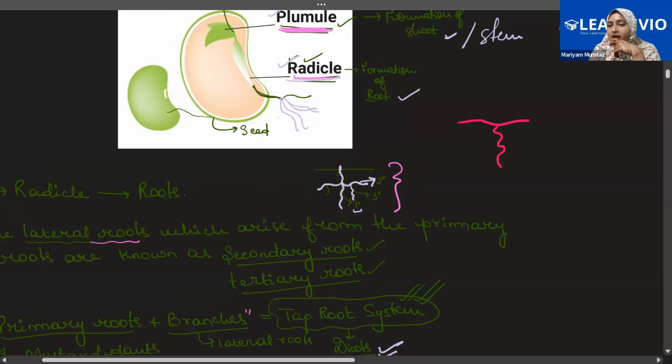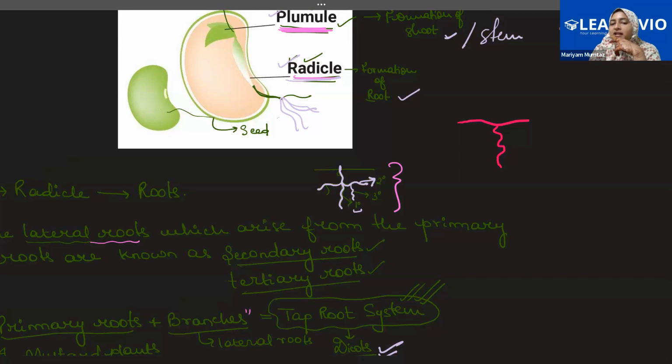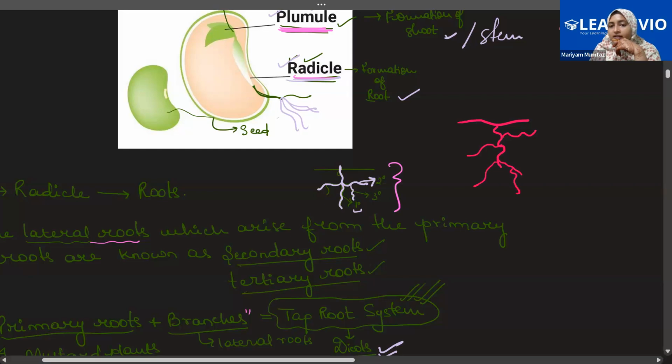And then from the primary root develop the lateral roots. What do I mean by lateral? In terms of position, sideways. Correct. So from the primary root arise the lateral roots like that. And then from each one of them, another arises.